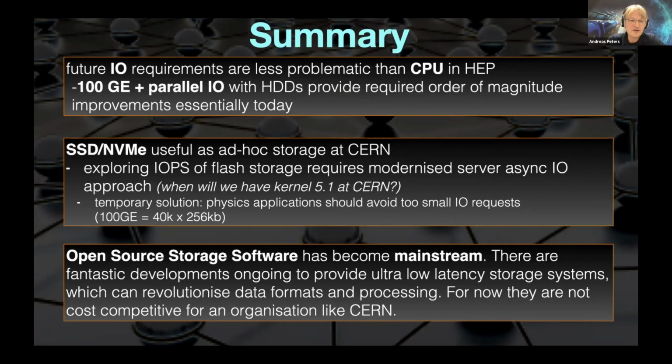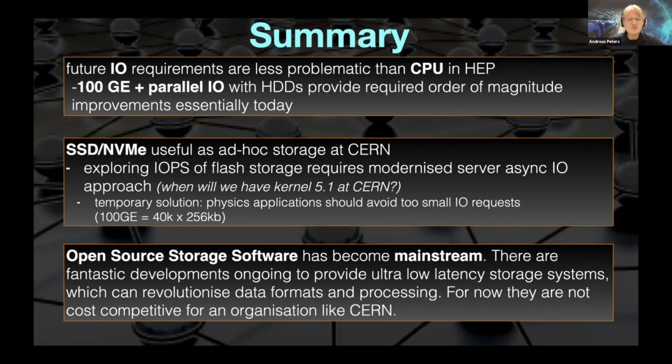And the other question is, if you look at how slow we are in deploying new kernels, you need kernel 5.1. When will this be at CERN? I cannot tell you. But the workaround to get high performance is to do it locally, like the ROOT people have integrated io_uring already. Or you just don't do too small I/Os, and you mainly benefit from the bandwidth of these devices.